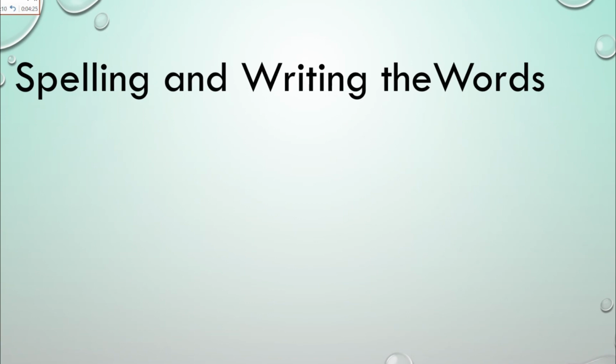Now I'm going to go back through and read them one more time so that you can check to make sure you have all the words. But I'll go a little faster this time. Number 1 was stick. Number 2 was stack. Number 3 was steak. Number 4 was sake. Number 5 was snake.